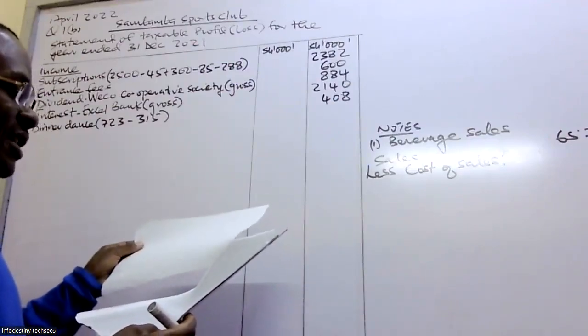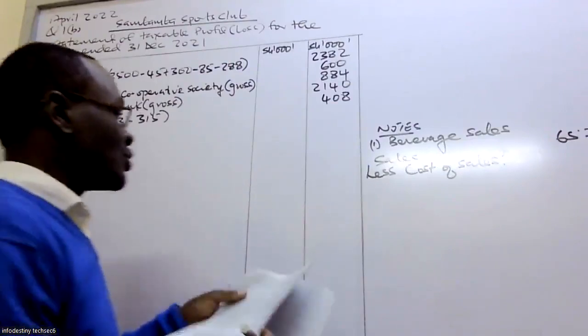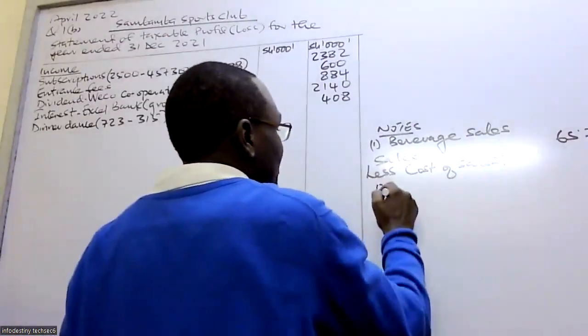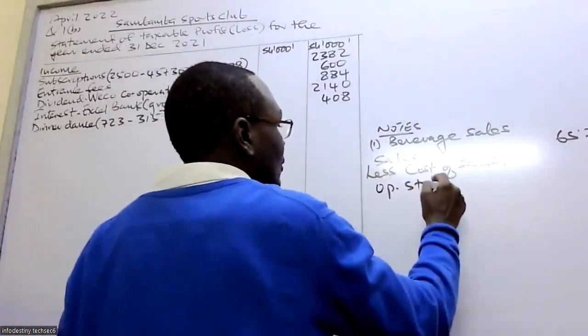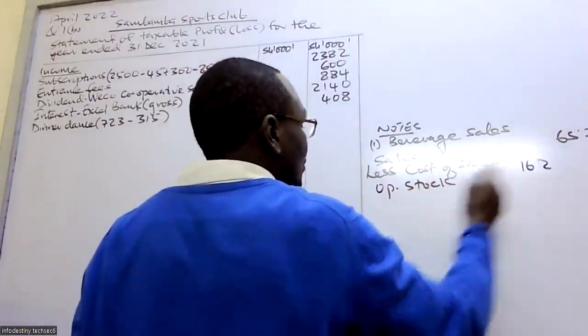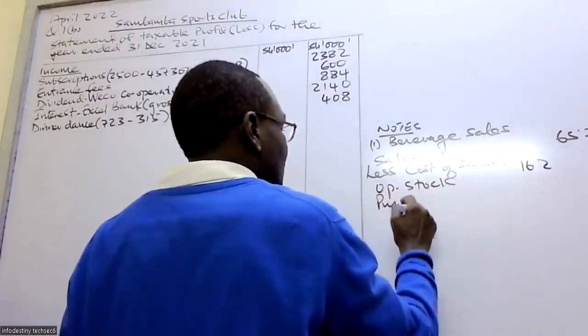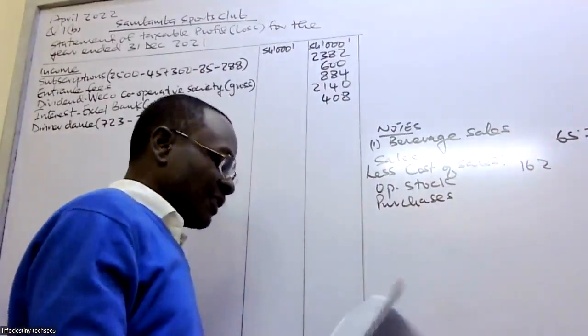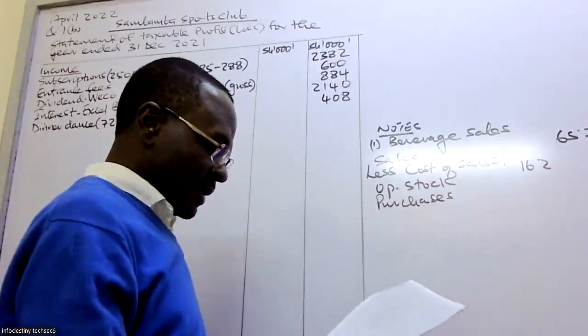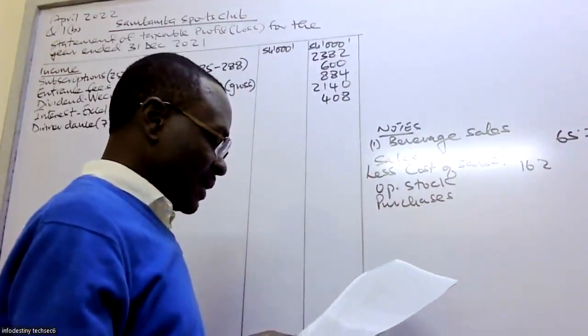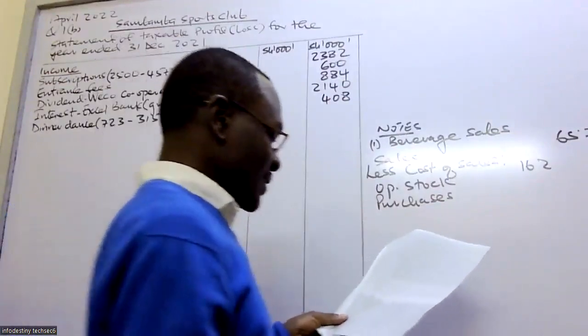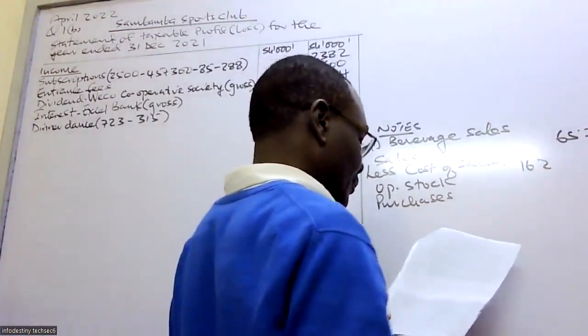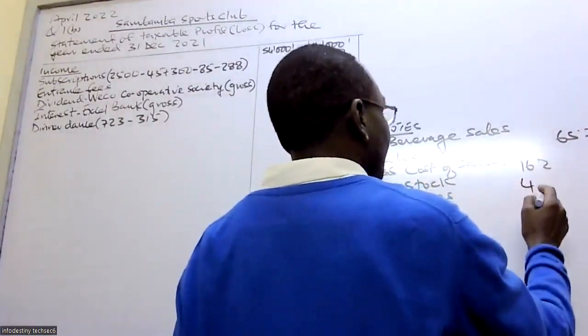Stock of beverages at the beginning is 162. So opening stock is 162. We add purchases of beverages, which is given in the receipts and payments, 497. So we add here 497.